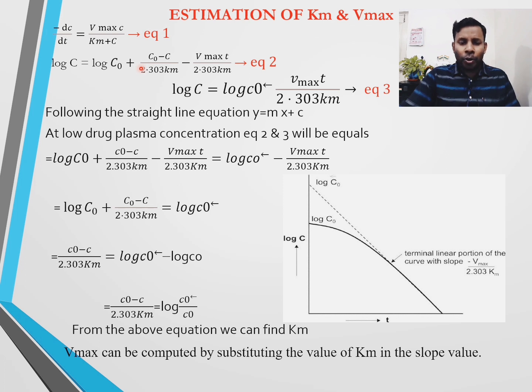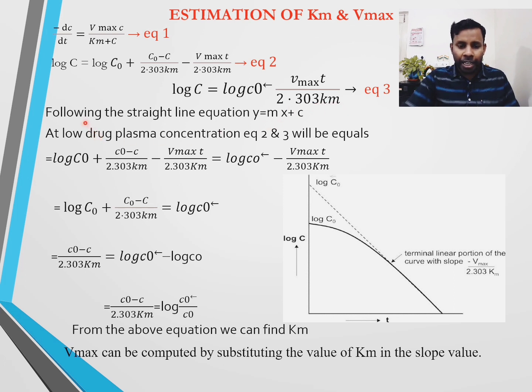Then if we plot a graph between time versus log C, we will get a curve like this. And if we back extrapolate, this point will be log C naught back, and this will be log C naught. This straight line equation will be log C is equal to log C naught back minus Vmax t by 2.303 Km.